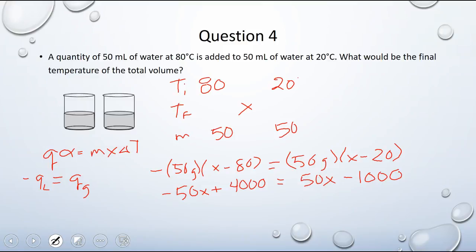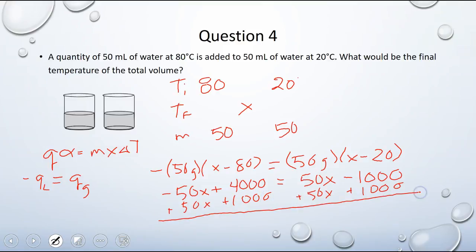To solve this, I'm going to add 50X to both sides, and then add 1,000 to both sides, because I want to get stuff on the same side. So I've got 5,000 is equal to 100X, which means that's 50 degrees Celsius. So the final temperature is 50 degrees.